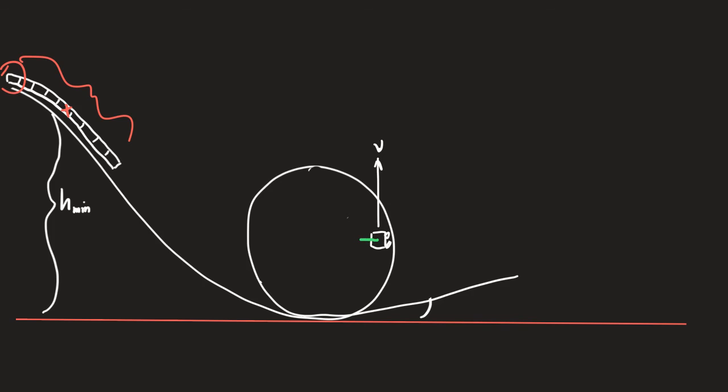So the track pushes on the cars in this direction. It has to be perpendicular to the track, and it has to be in such a way as to cause circular motion. So left is the right answer here. Now listen carefully.